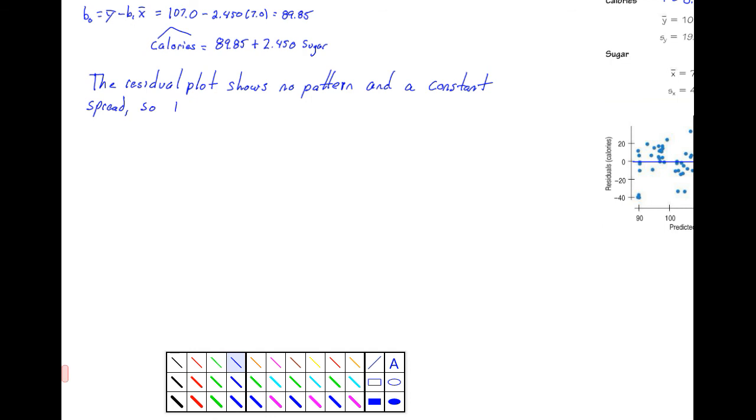So I am fairly confident in the appropriateness of fitting a linear model.